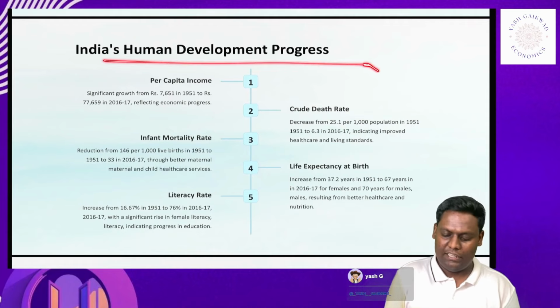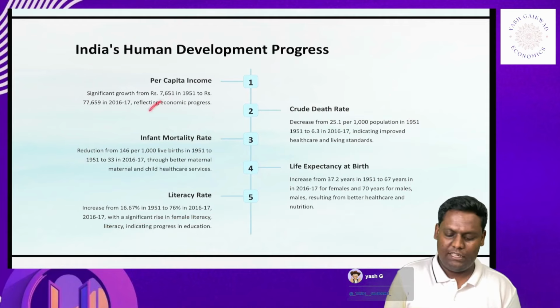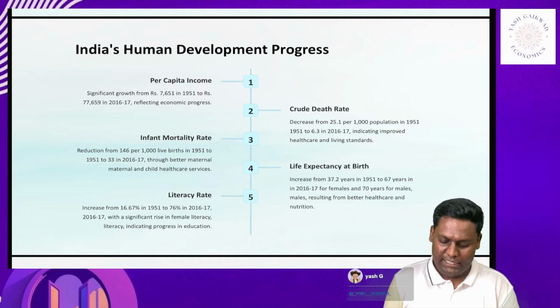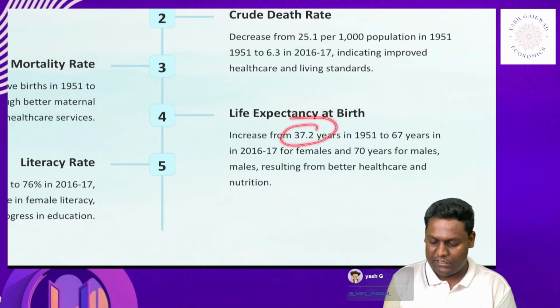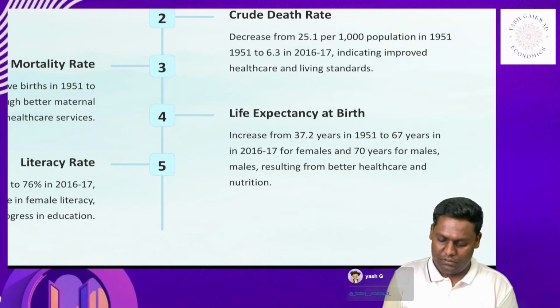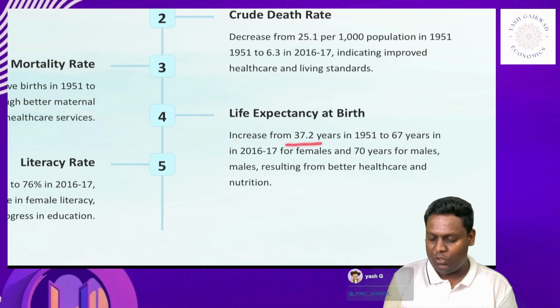Then we have looked at various numbers in case of the increase in per capita income, the decline in crude death rate, the decline in infant mortality rate, the overall improvement in literacy rates, and the overall increase in life expectancy at birth, which has improved from 37.2 years in 1951 to 67 years for female in 2017 and 70 years for males.